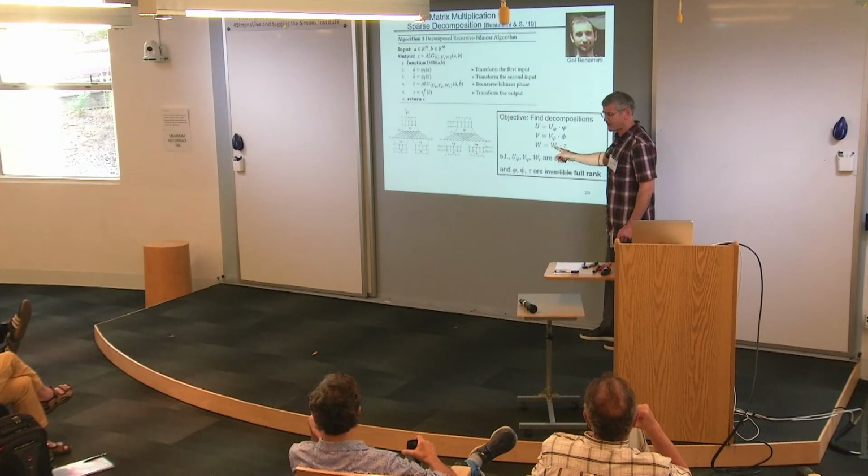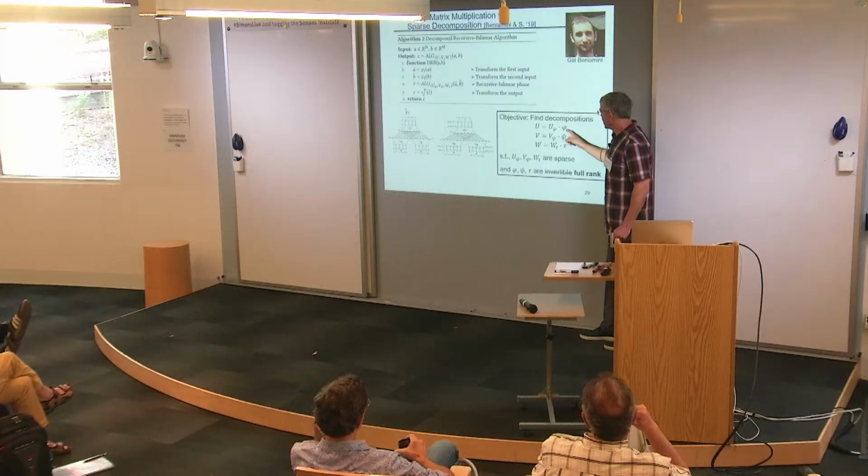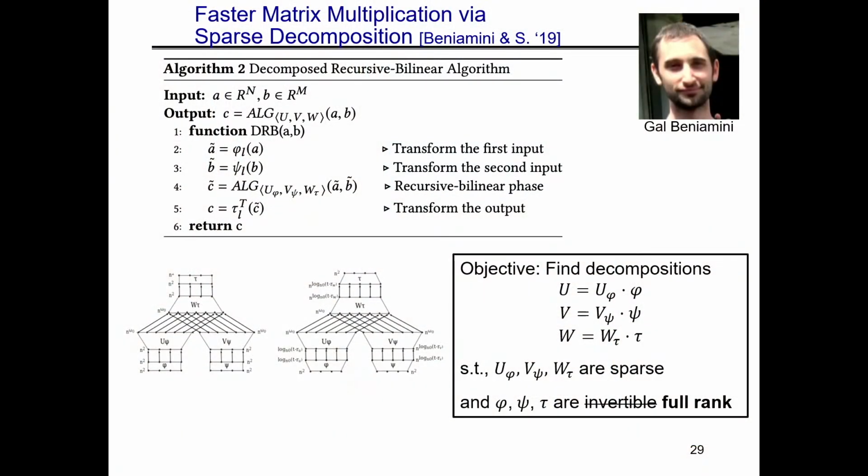So what you want here is a decomposition so that U, V, and W are as sparse as possible, and the transformations have to be full rank, but you don't care if they are sparse or not. So in my language, you compute these linear forms. You actually compute more than 7, but they are so sparse that it's worth doing it somehow.